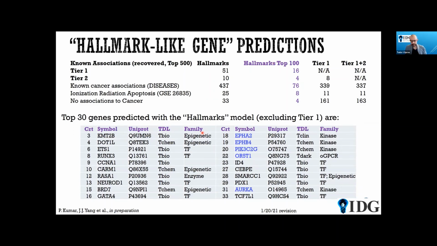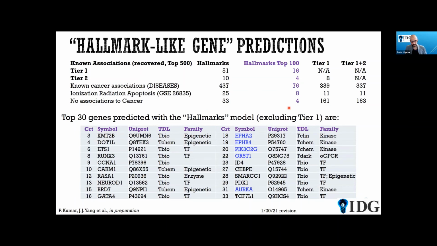The ones highlighted in blue are of interest to the IDG consortium, so kinases and GPCRs. There is no ion channel in the top 30, but there are some ion channels which are associated. If you go in the list into the top 100 predicted genes, some of them are actually ion channels.